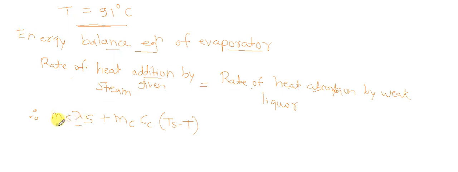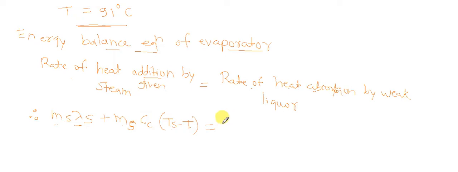When latent heat is given, steam gets condensed, and then the condensate temperature is decreased from Ts to T. That is equal to, and this ms and mc are the same, so you can write ms instead of mc, because all the mass flow rate of steam gets converted into condensate flow rate.